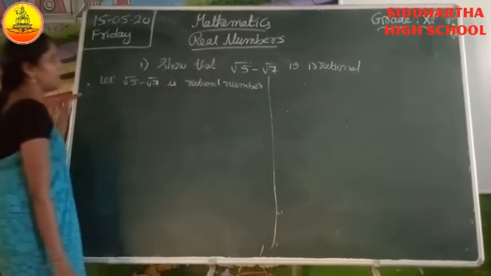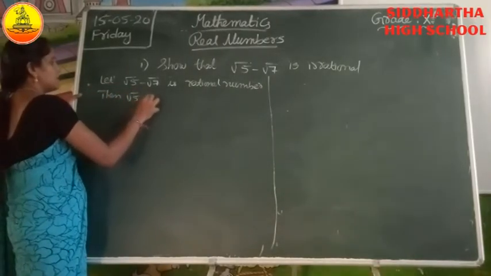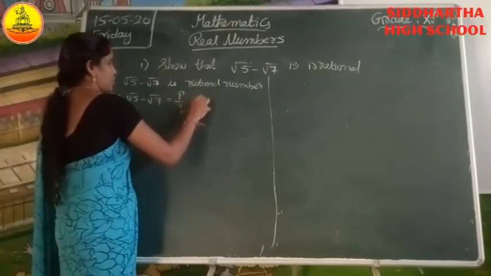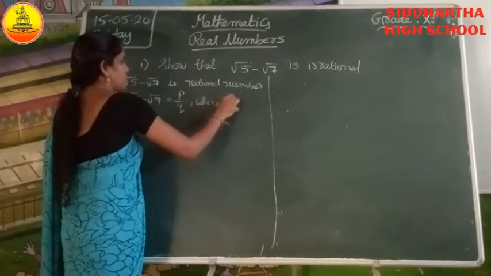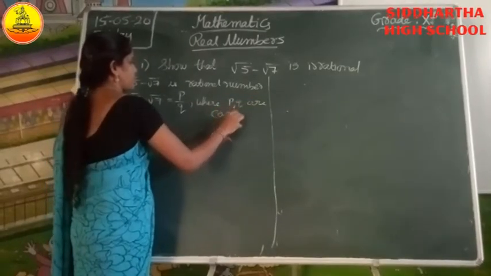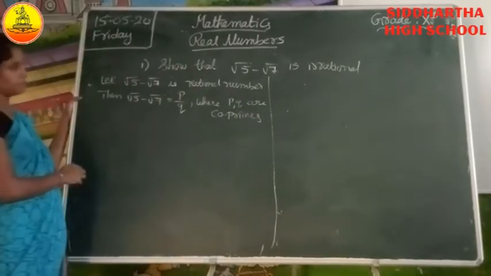If it is a rational number, then root 5 minus root 7 is equal to p by q, where p, q are integers and q not equal to 0.